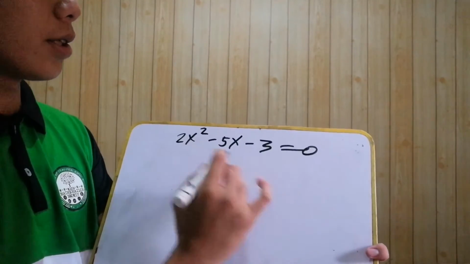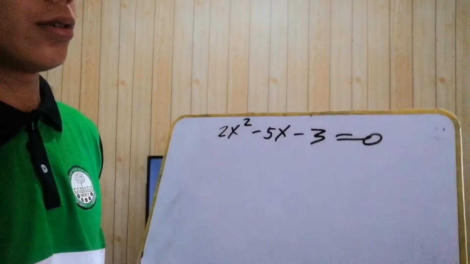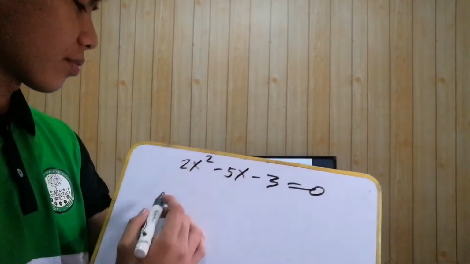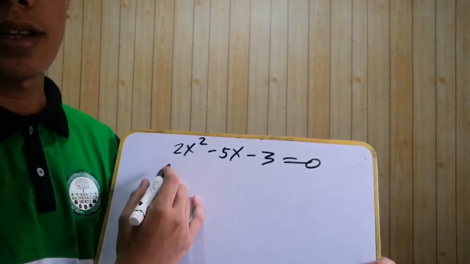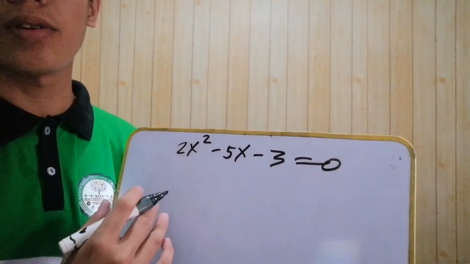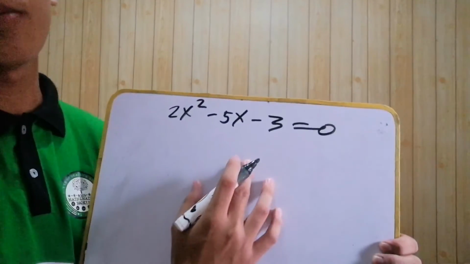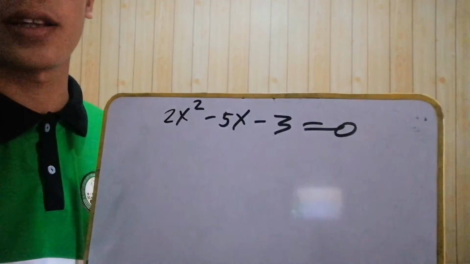Kapag minultiply natin yung factors, lalabas itong sagot na to. So, yun yung factor. So, pero, hindi lahat ng examples ay makukuha lang natin sa pamamagitan ng factoring. Pwede rin, maaari din, kapag hindi natin makuha by factoring, pwede rin natin gamitin ang quadratic formula.